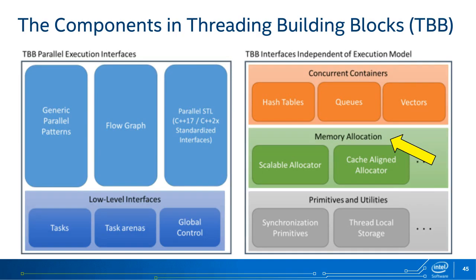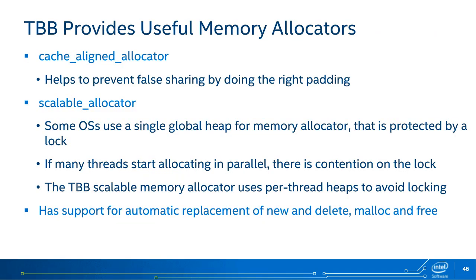An interesting feature of TBB is its scalable memory allocator. TBB provides memory allocators that are often useful in parallel applications. For example, one thing you may want to do in your parallel application is to make sure that your data is correctly padded so that it's aligned on cache line boundaries. And TBB provides an allocator that does that for you.